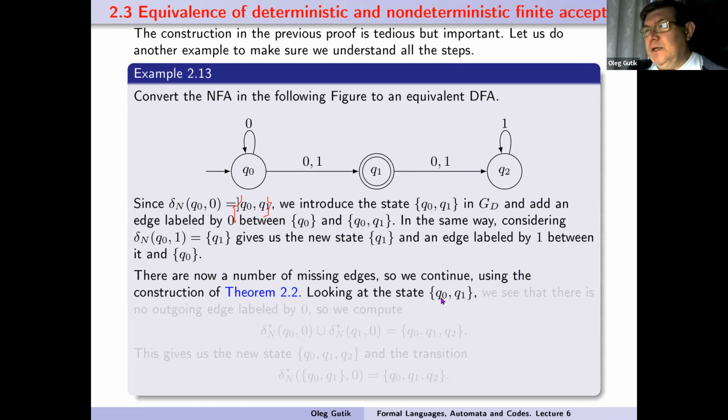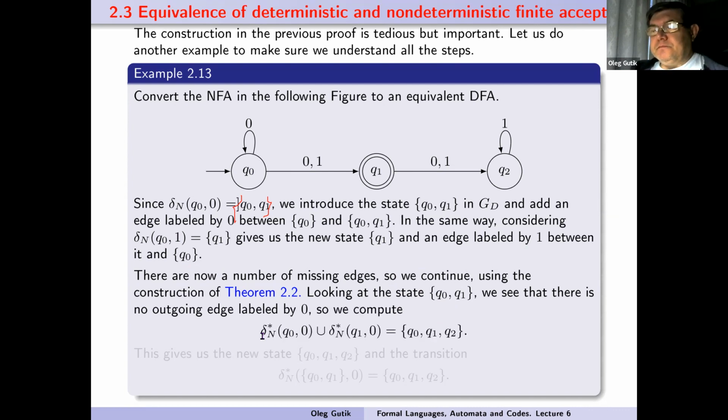Looking at the state denoted by the two-element set {Q0, Q1}, we see that there is no outgoing edge labeled by 0. So we compute delta star N of Q0, 0 union with delta star N of Q1, 0, which is equal to the three-element state containing Q0, Q1, Q2.